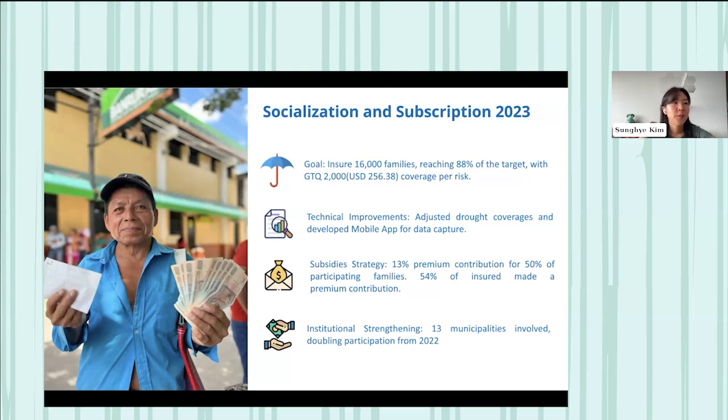Furthermore, we doubled the number of participating municipalities. Notably, 54% of the insured families contributed to the premium. Our objective is to gradually support farmers to start paying for insurance in cash.